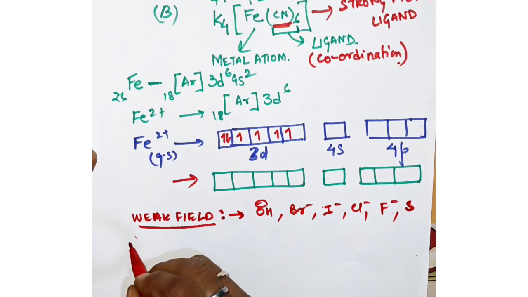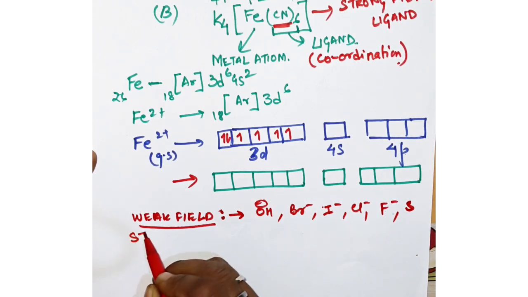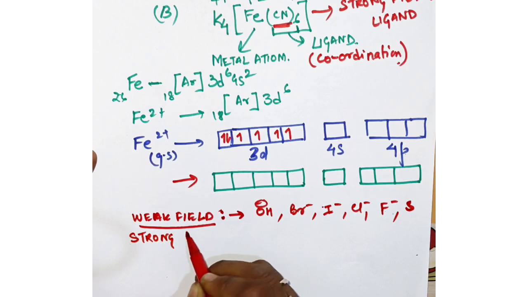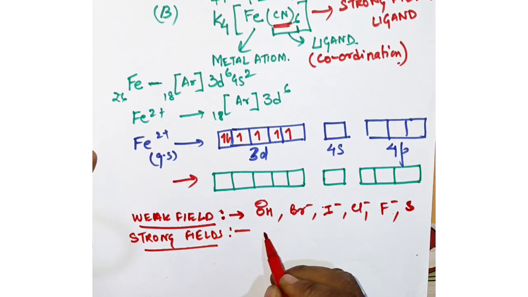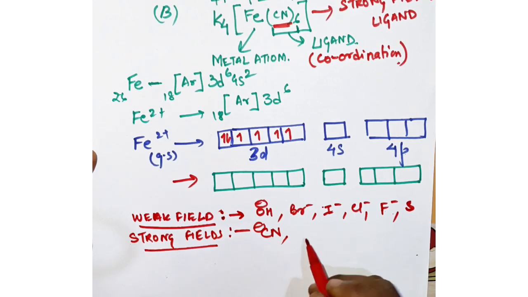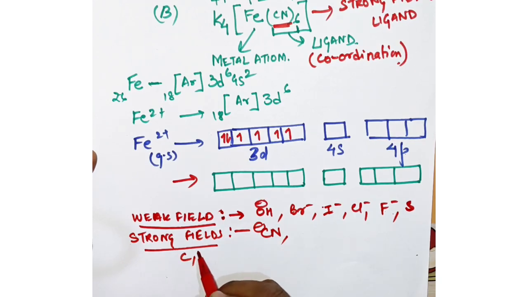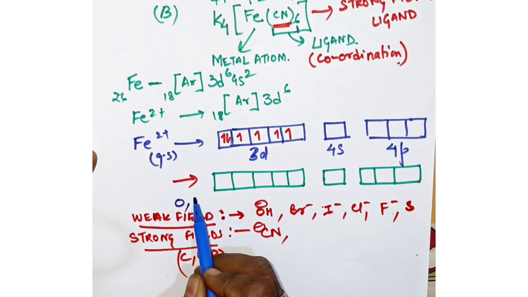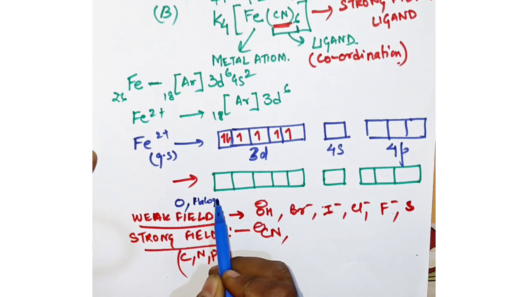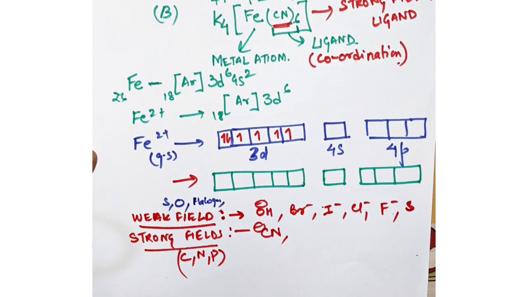These are all weak field ligands. The strong field ligands are those where the donor atom is carbon, nitrogen, or phosphorus. So if carbon, nitrogen, and phosphorus are the donor, it is a strong field ligand. If oxygen, halogens, or sulfur are the donor atom, then it will be a weak field ligand.